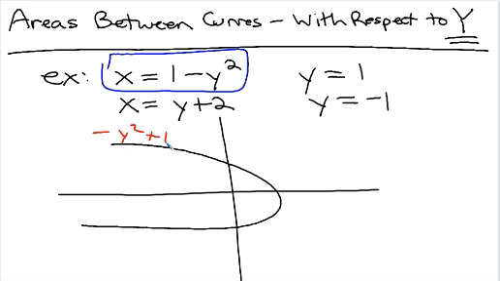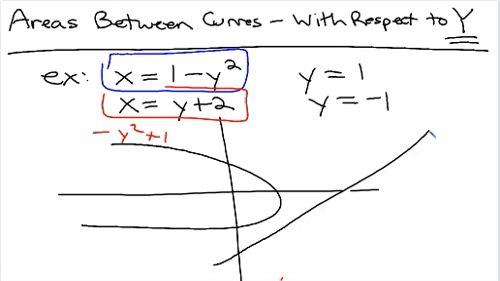Now, this other one is just what we think it is. It's a plain old linear function that looks like this. y equals x minus 2. Let me draw that a little bit better. It does go through negative 2. So it's probably a little bit more like this.